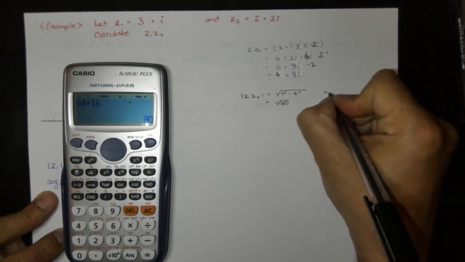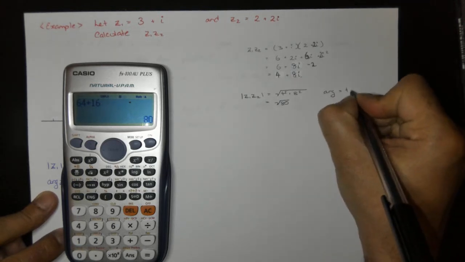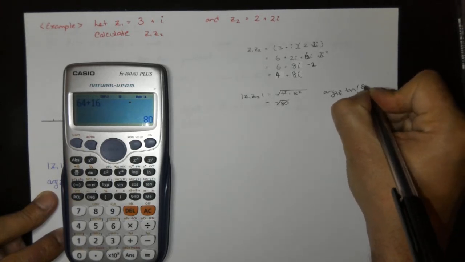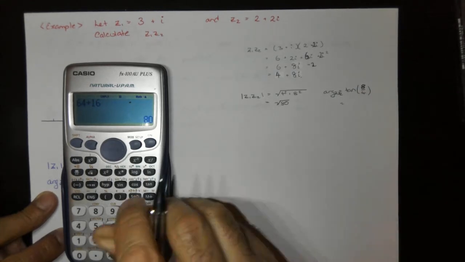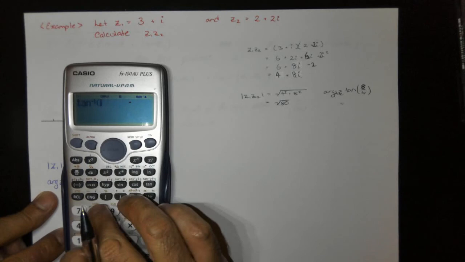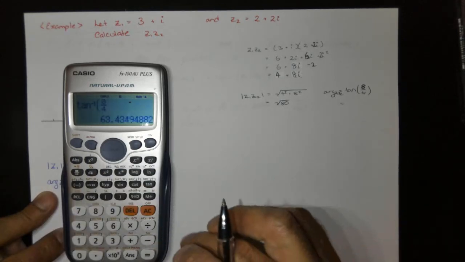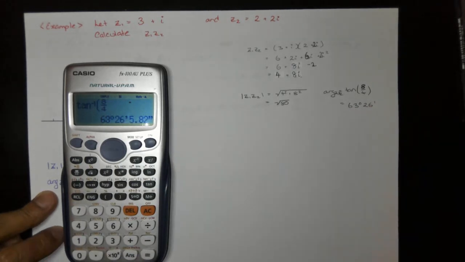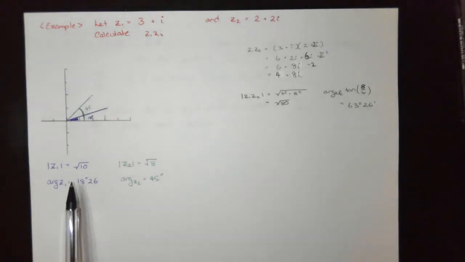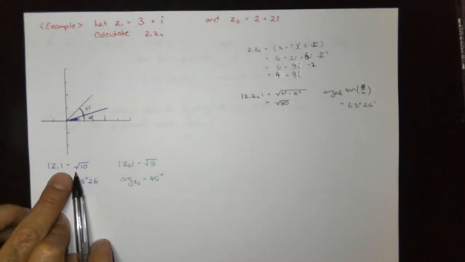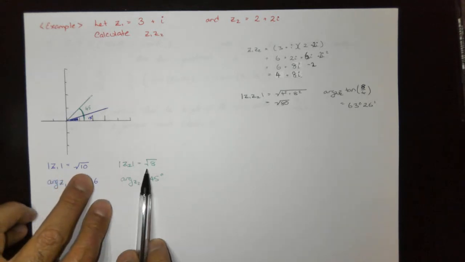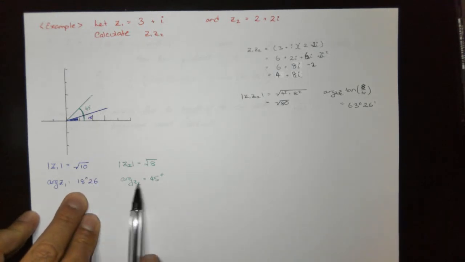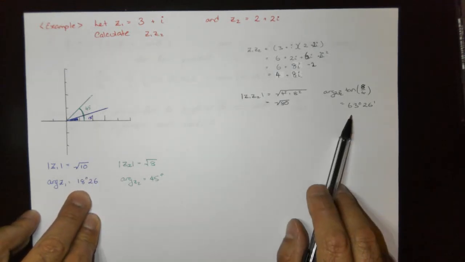And the argument of Z1 Z2 is going to be shift tan of 8 on 4, which is 2, and I get 63 degrees and 26 minutes. Now let's just check. If I multiply the two moduli, square root of 10 times square root of 8 is square root of 80, so that's correct. And if I add the two arguments together, 18 plus 45, I do get 63.